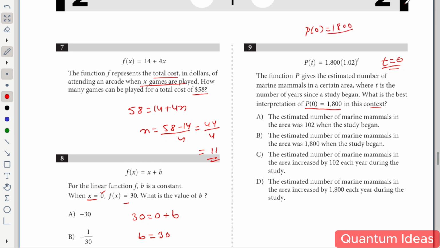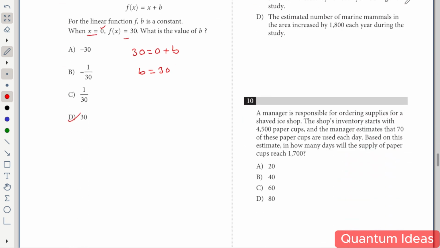So 1800 represents the initial estimated number of marine mammals, the initial population. The estimated number of marine mammals in the area was 1800 when the study began. That answer is B. Let's move to number 10.